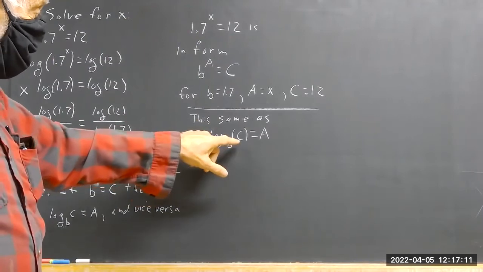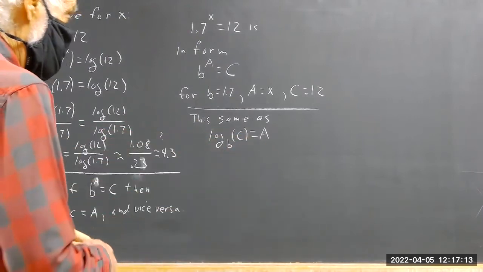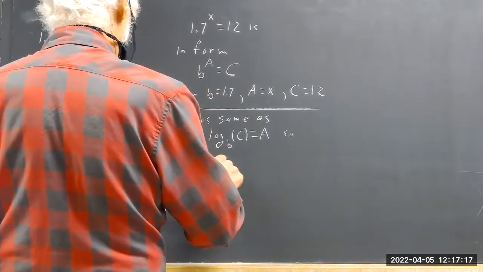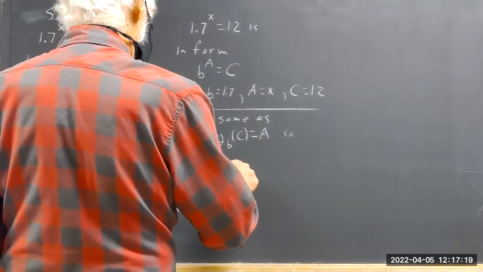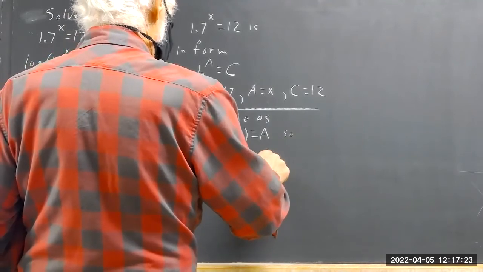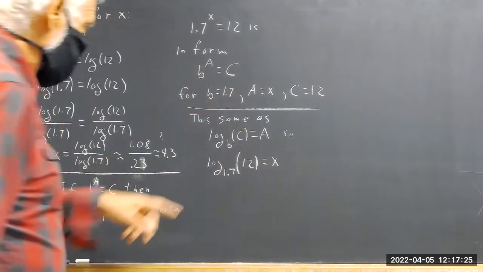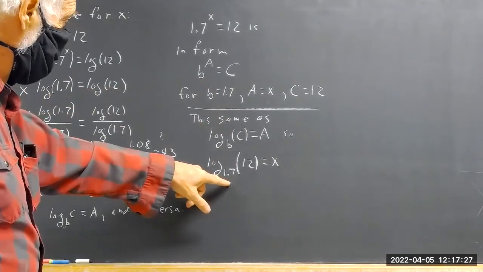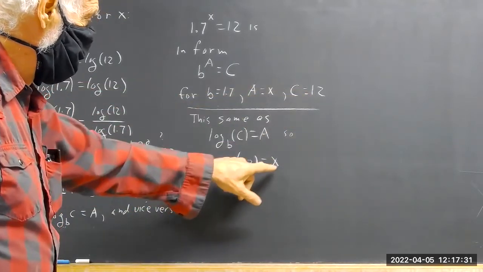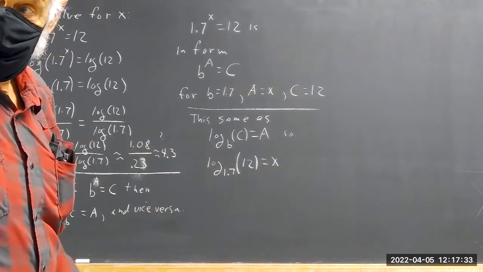This is the same as log base b of c equals a. So log base 1.7 of 12 equals x, because b is 1.7, c is 12, and a is x.